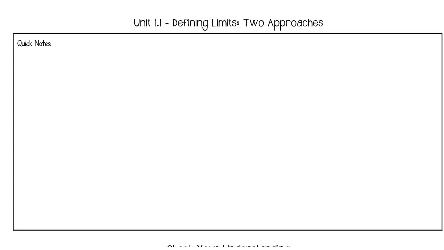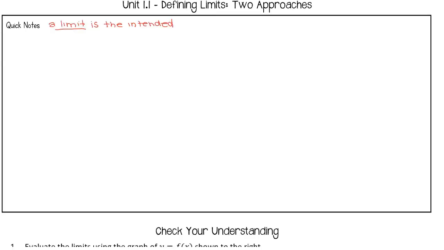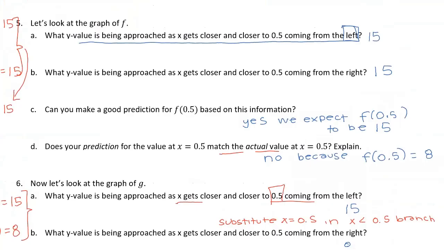A limit is the intended or predicted value of a function at a given x value. As we saw in the previous page, the intended value may not match the actual value. In problem 5, we saw that the limit was 15 on the left and the right, but the actual value was 8. So it doesn't have to match the value of the function.